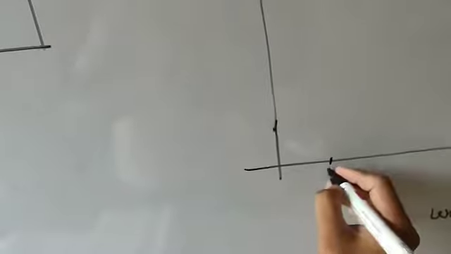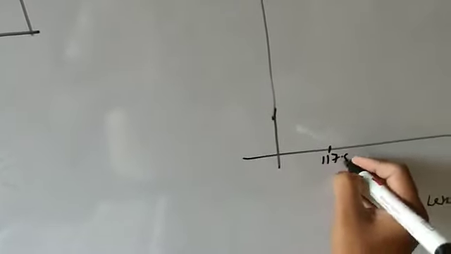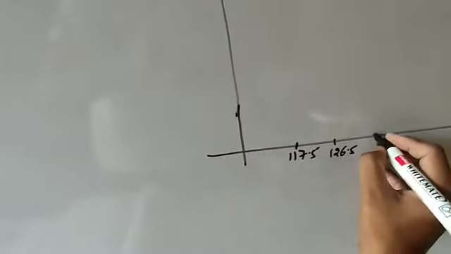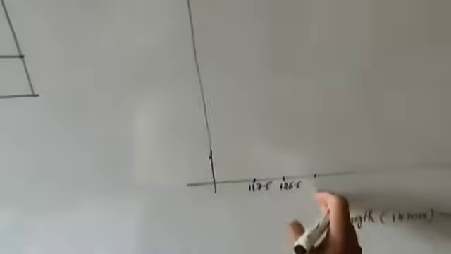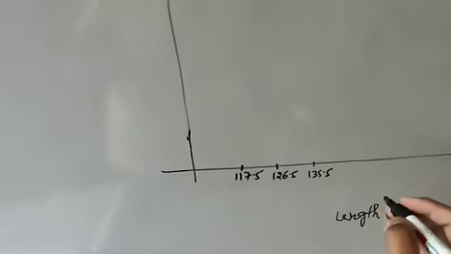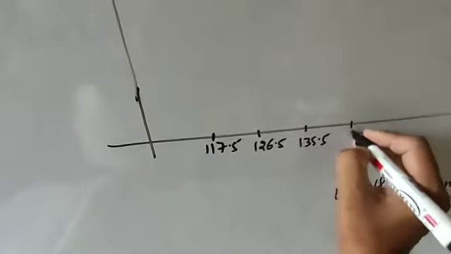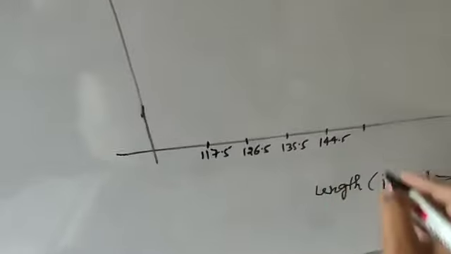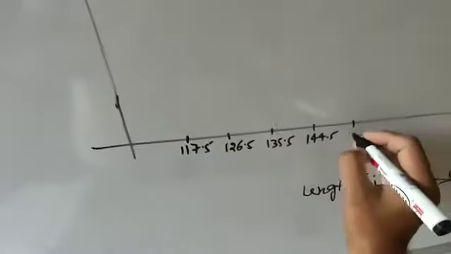So first is 117.5. So here I am going to write 117.5. Then next is 126.5. So you will get on the graph equal gap. Then next is 135.5. After that 144.5. Then next is 153.5.